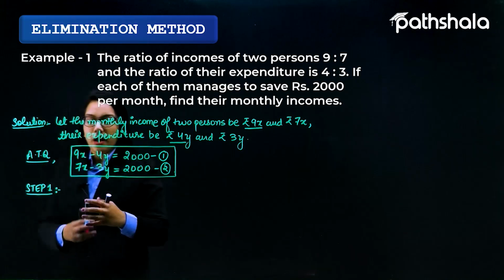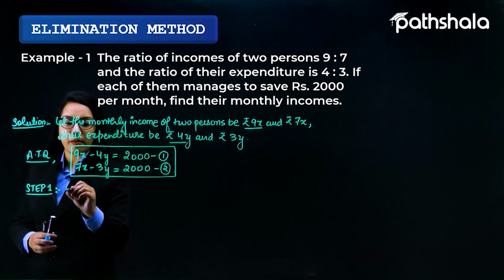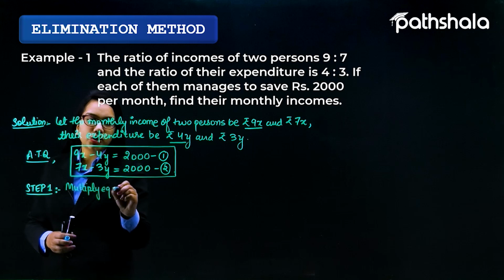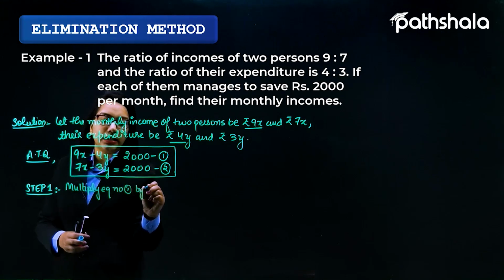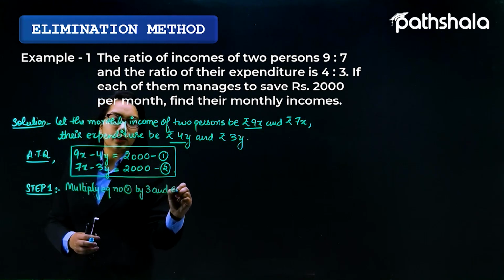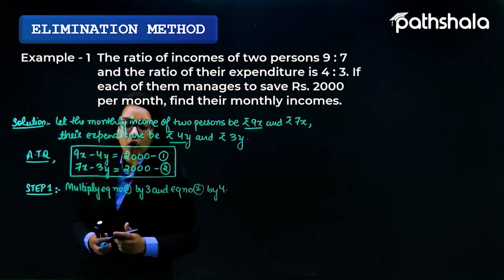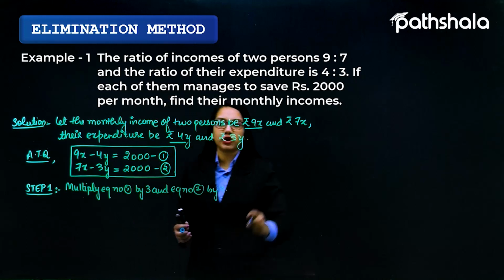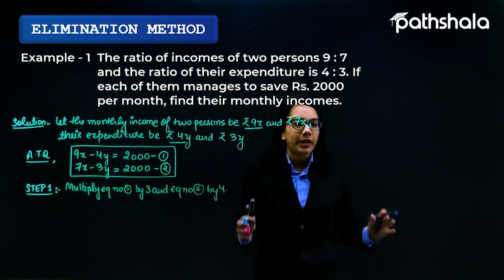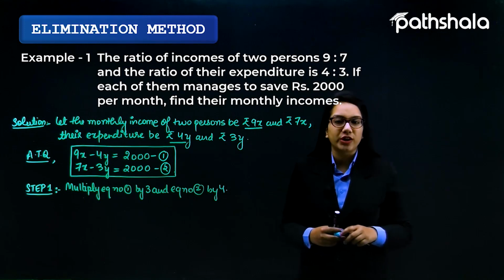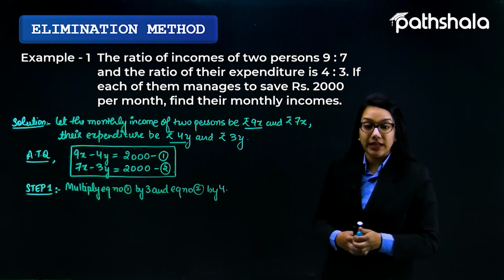So what does it mean? My step number 1 would be: multiply equation number 1 by 3 and equation number 2 by 4. In order to make the coefficients of the variable y similar, I am multiplying these equations by the numbers 3 and 4.